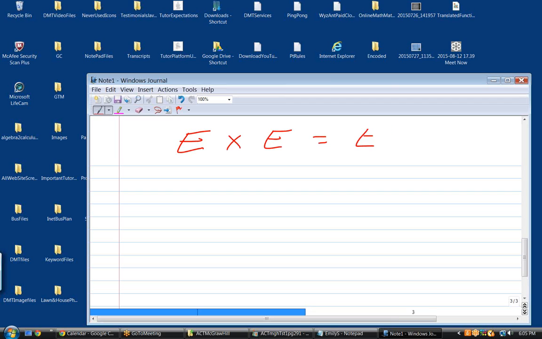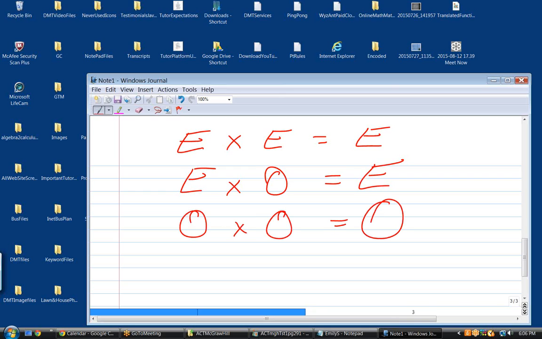Even times even is even, and even times odd is actually even. 4 times 3 is 12. Always. No matter what odd number you pick, if you multiply it by an even number, you get an even number. The only thing that's ever odd is an odd times an odd. So only 1 out of the 3 possibilities results in odd. Most of the time when you multiply 2 integers, you're going to get an even, 2/3 of the time.